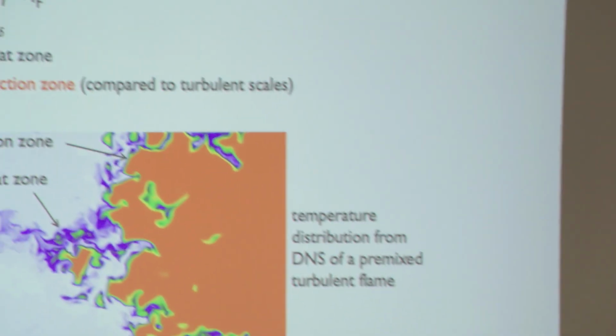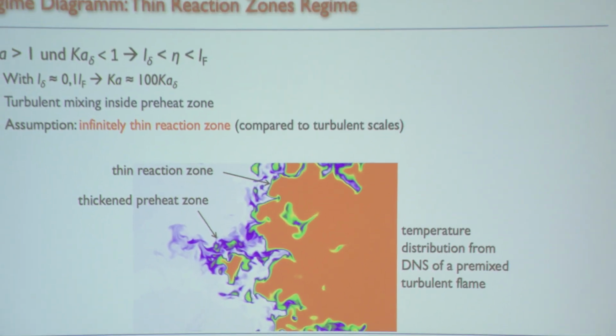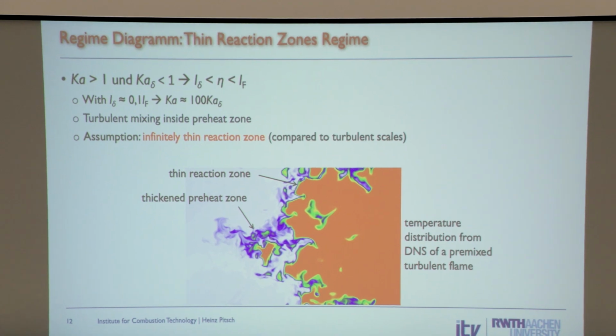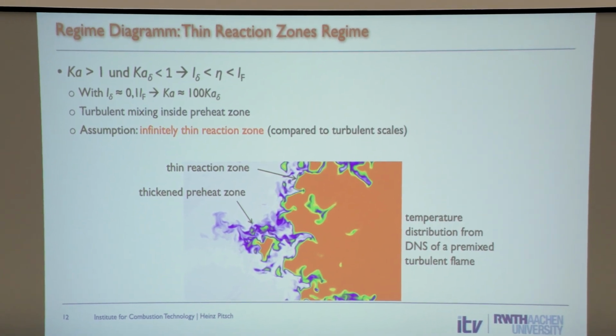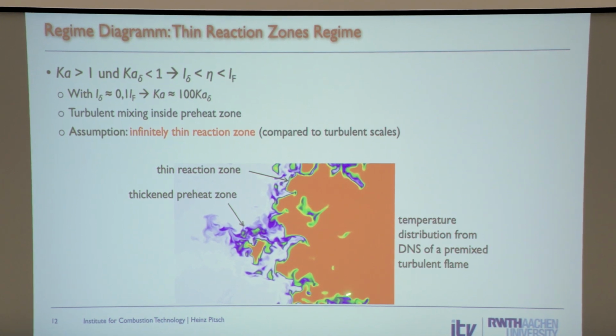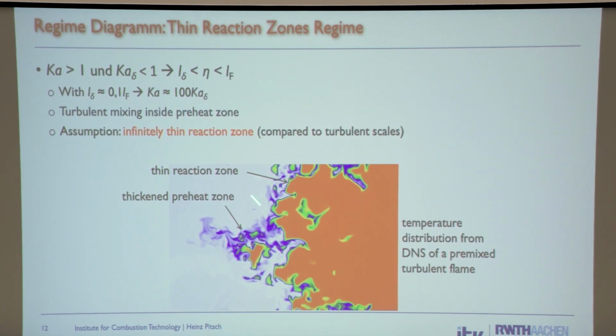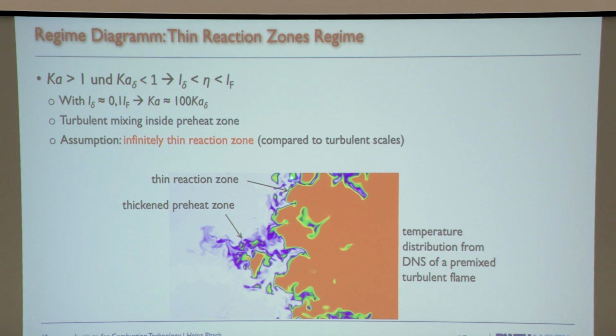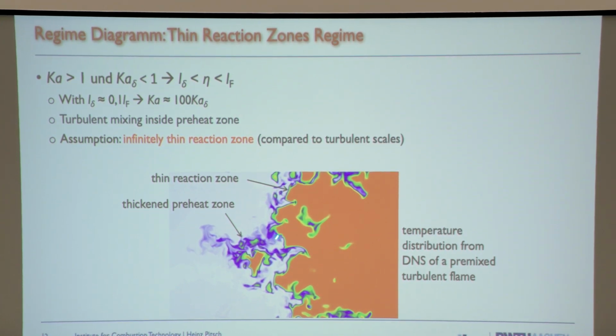This shows an example, again from a DNS, where the flame propagates from right to left. You see here's equilibrium region, here's unburned, and it's not an infinitely thin front, because you see regions where the hotter part appears in the cold region and vice versa.